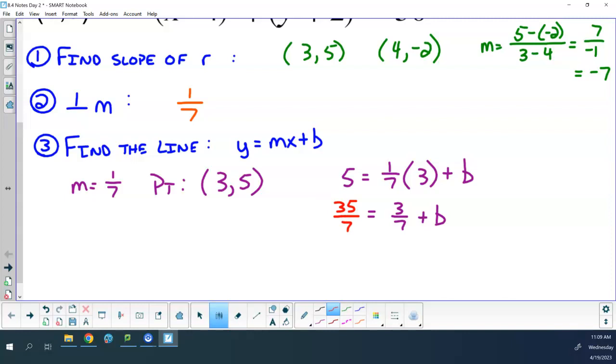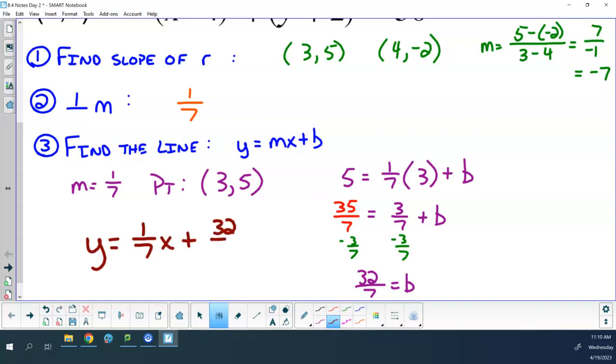Why did I do that? Same denominator, and 35/7 is 5, so they are equivalent. Then I'm going to subtract 3/7 from both sides, and I get 32/7 is my b. So the equation of my tangent line would be y equals 1/7 x plus 32/7.